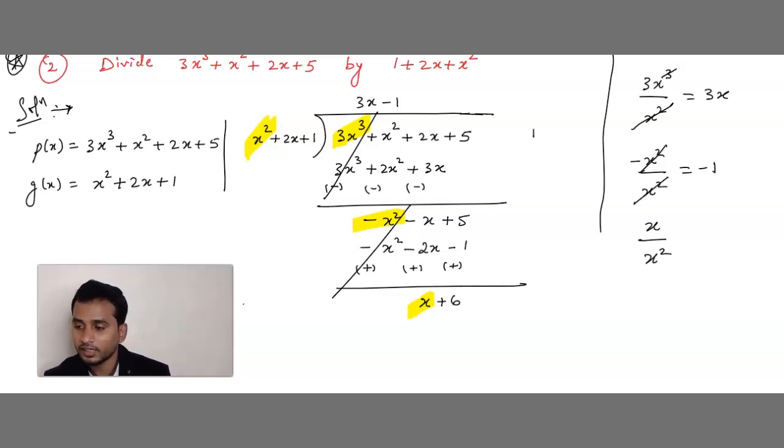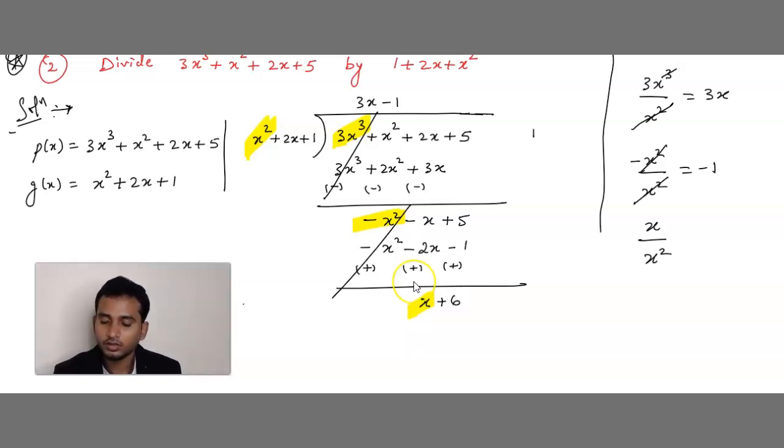No. Children, one thing I just like to tell you. Here x by x square will not get cancelled, right? Okay. Children, wantedly I did one mistake. Did you notice? Had you noticed something, the mistake I have done here?